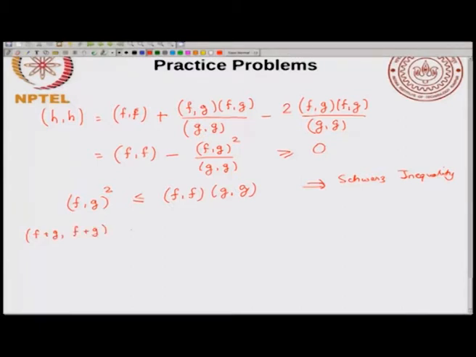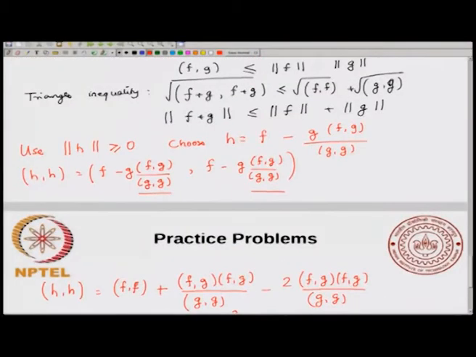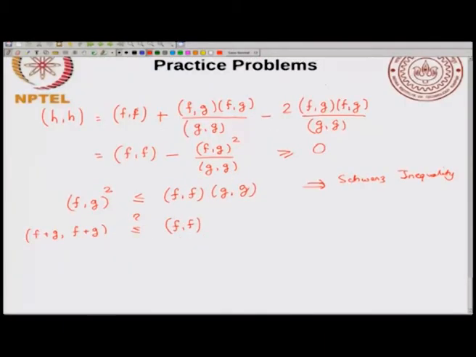On the left hand side, f plus g, and on the right hand side, we have to check, is this less than or equal to the square of the right hand side? That gives this term square plus this term square plus the cross term: f comma f plus g comma g plus twice square root of f f g g. And so the question is, is this less than this?